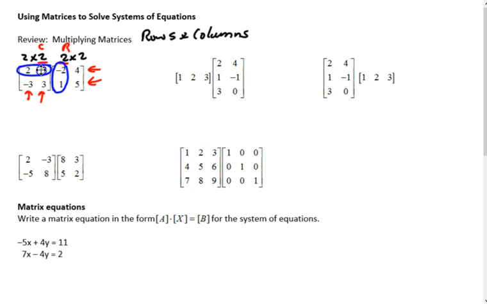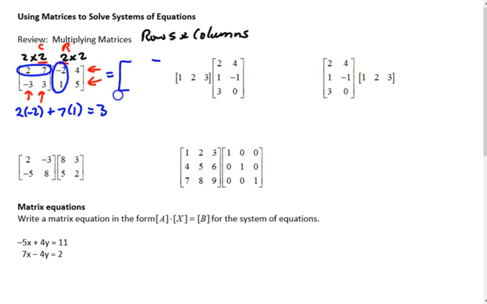So it's going to be row 1 times column 1, row 1 times column 2, row 2 times column 1, row 2 times column 2. And the way I multiply is I multiply pairs of numbers and add them. So this is going to be 2 times negative 2 plus 7 times 1. This is easier to show when I can point things with my fingers. When I figure out that value, that's negative 4 plus 7, which is 3.